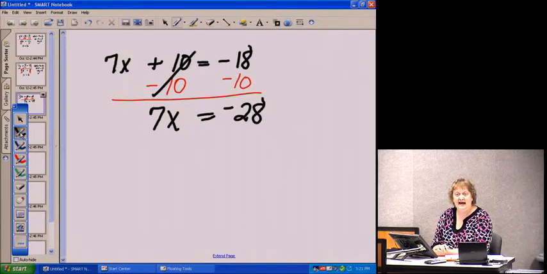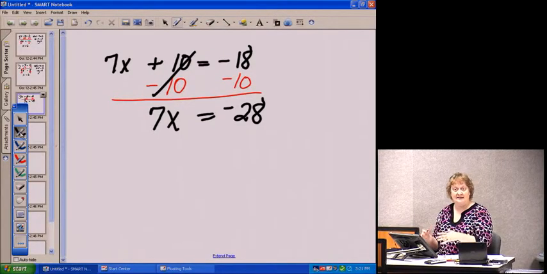If you're putting them in the calculator, be careful that if you see just one sign here, that you're only putting one sign in the calculator. We're not subtracting these. We're saying negative 10. We can write it negative 18 minus 10, or we can add it: negative 18 plus a negative 10.